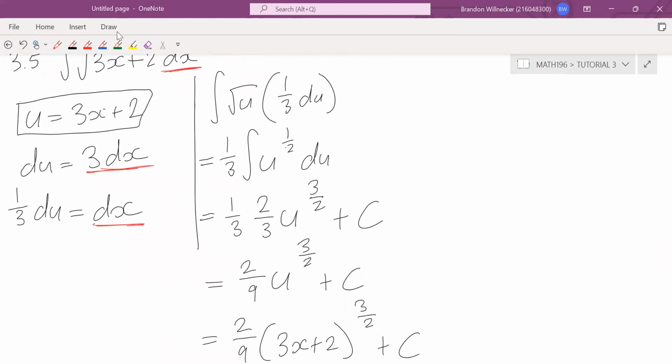Okay, so again, this 3x plus 2, that's making our lives a bit difficult because it's inside the square root. So we let that be u, and then everything else just follows from the steps. Okay, so as long as you follow the steps, then nothing should go wrong. Okay, let's take a look at the next one, 3.6.